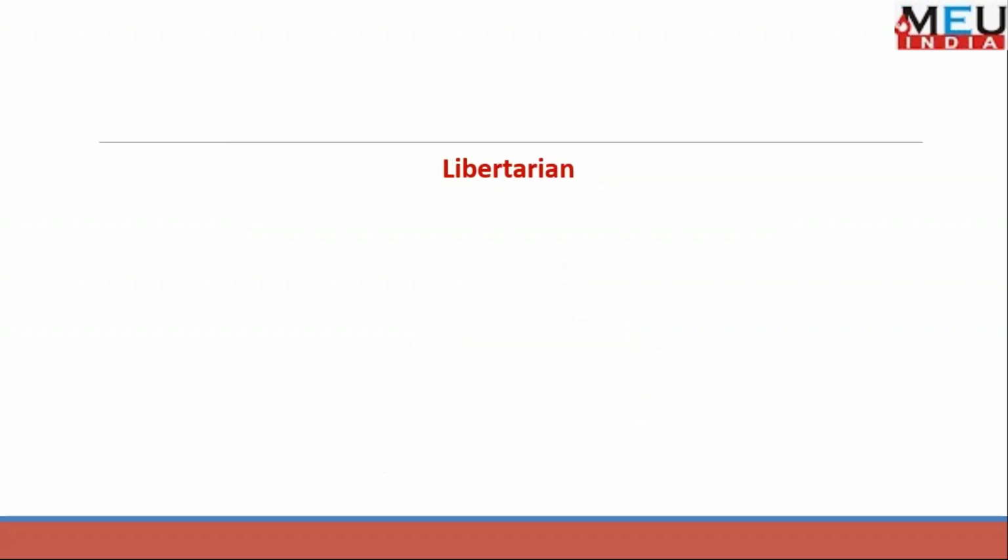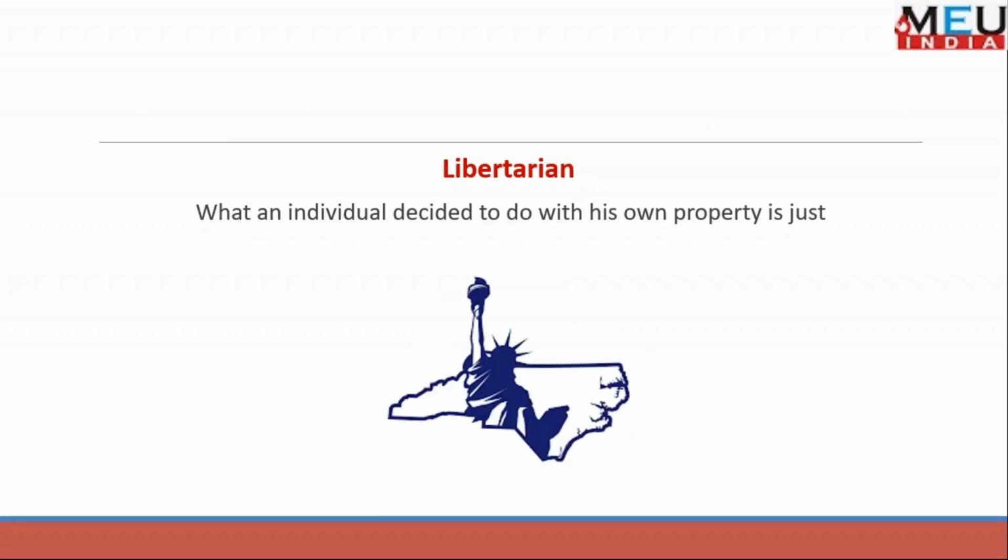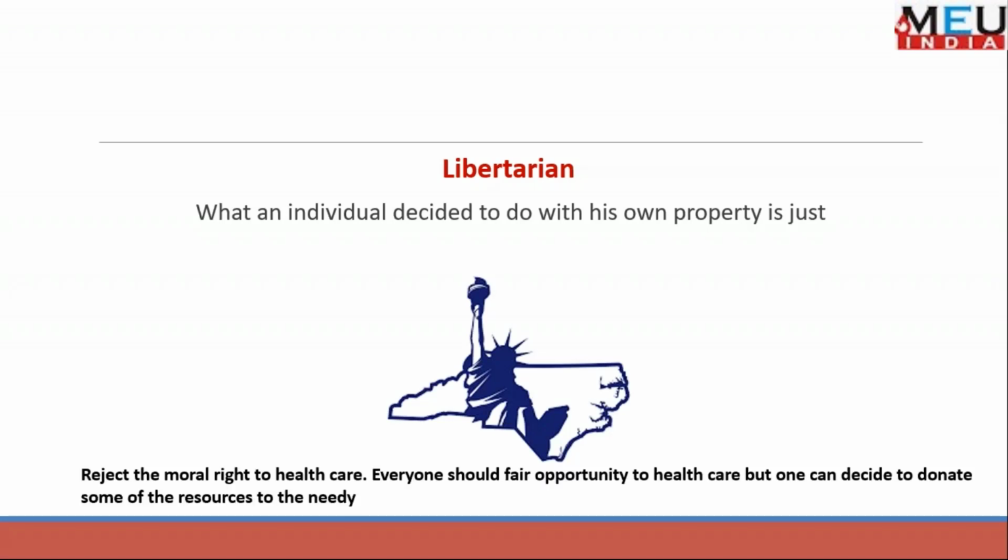The second is called libertarian. This comes from the word liberty. The libertarian type of justice holds that what an individual decides to do with his own property is just. This type of justice is practiced in the USA, and especially when it comes to healthcare, they reject the moral right to healthcare. They say that I should be able to decide if I should contribute to the system, pay towards the healthcare system for others.